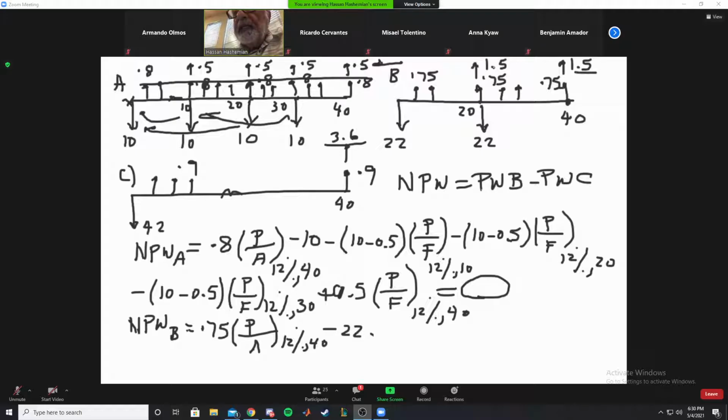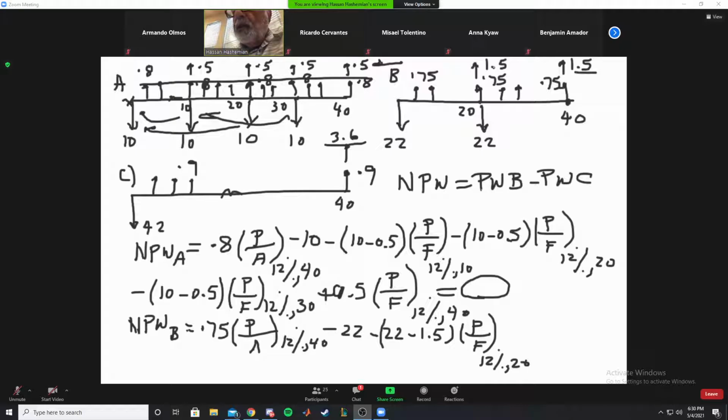But then the minus 22 million at year 20 minus 1.5, the salvage value, and then times P over F at 12% and 20 years.